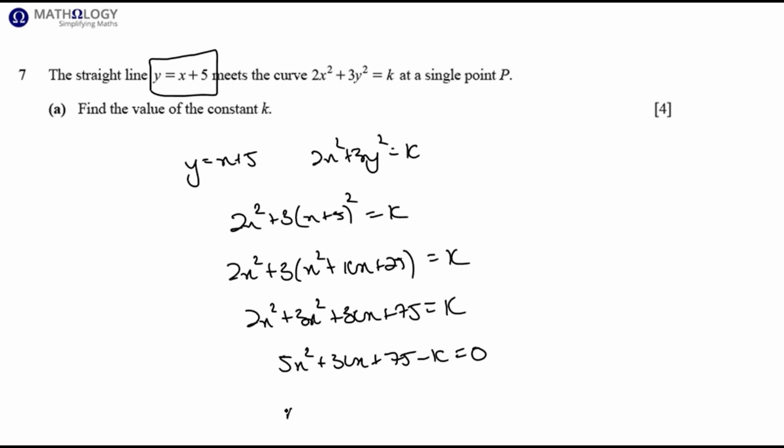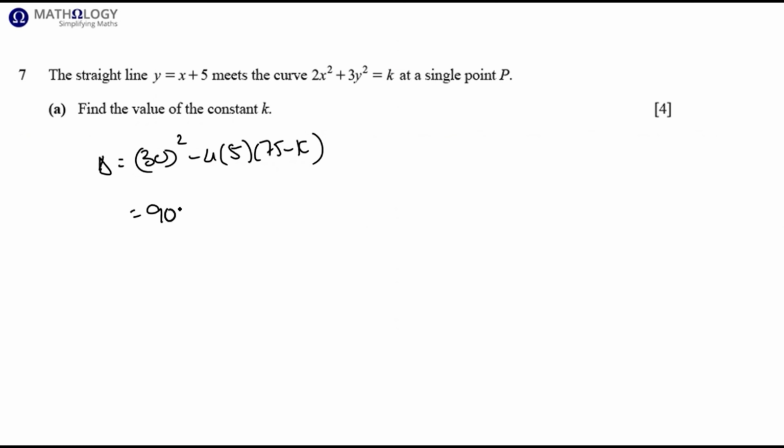Now we're going to find the discriminant here because the straight line is a tangent to the curve. It means there's one point of intersection. For one point of intersection, the discriminant delta must equal 0. So delta equals b squared minus 4ac, which is 30 squared minus 4 times 5 times (75 minus k).